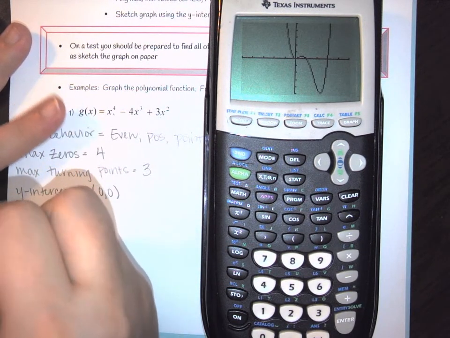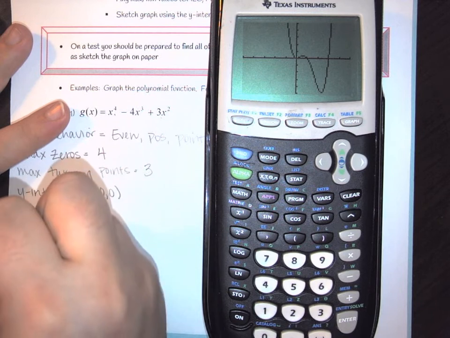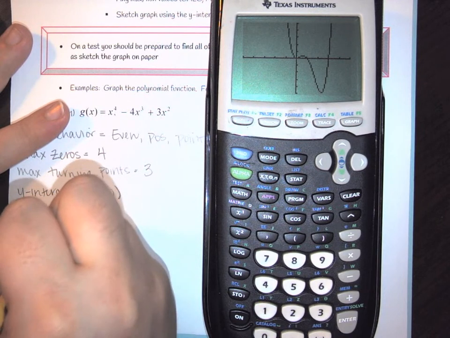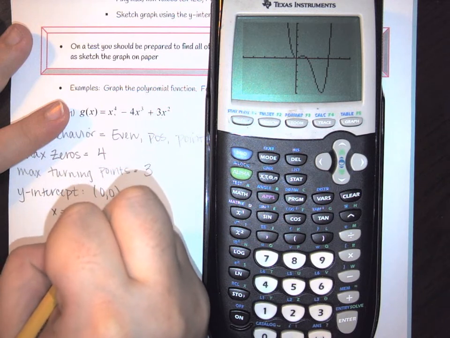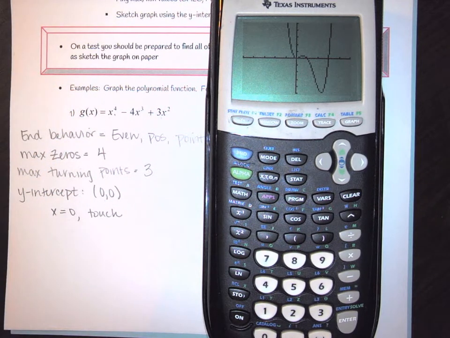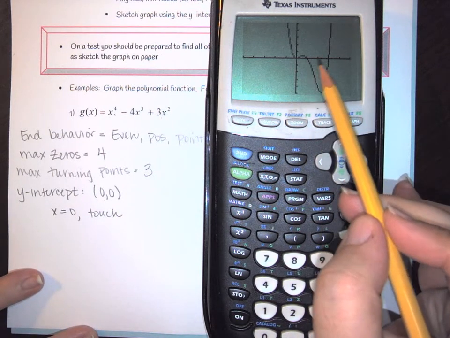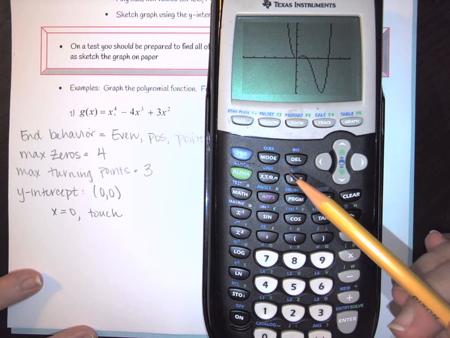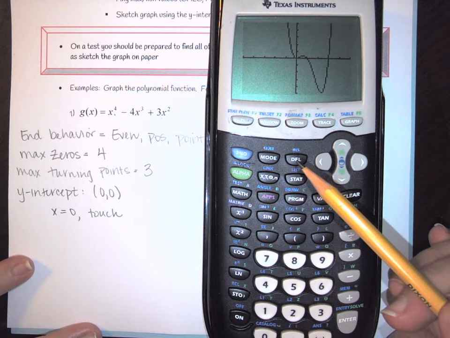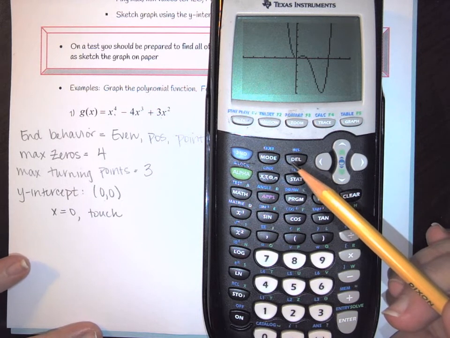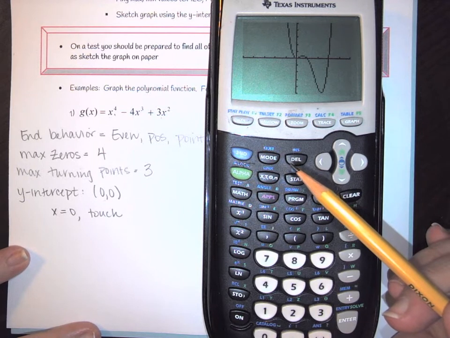First, we know that at the point 0, 0, so when x equals 0, we are touching the graph. Now the other thing that we have is these two other points where we are crossing, and we need to know where those are and what's happening with that. Okay, so that means we need to find the zeros.